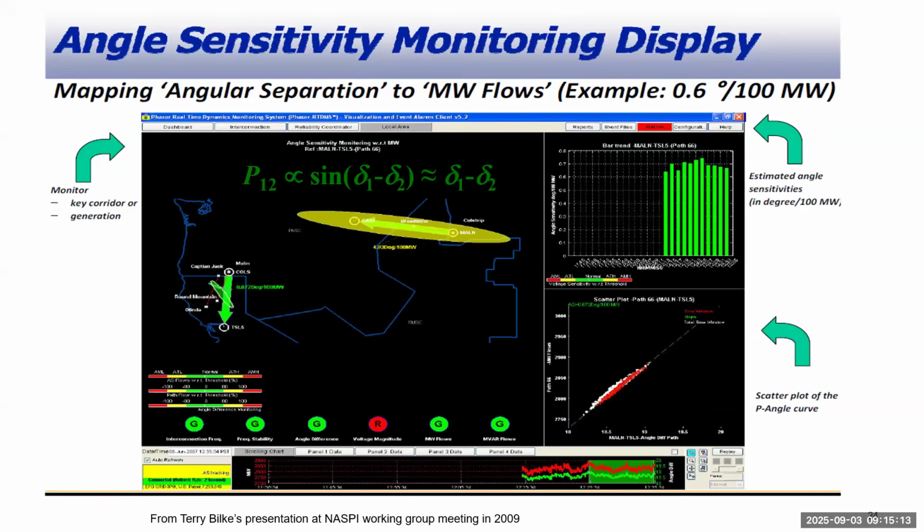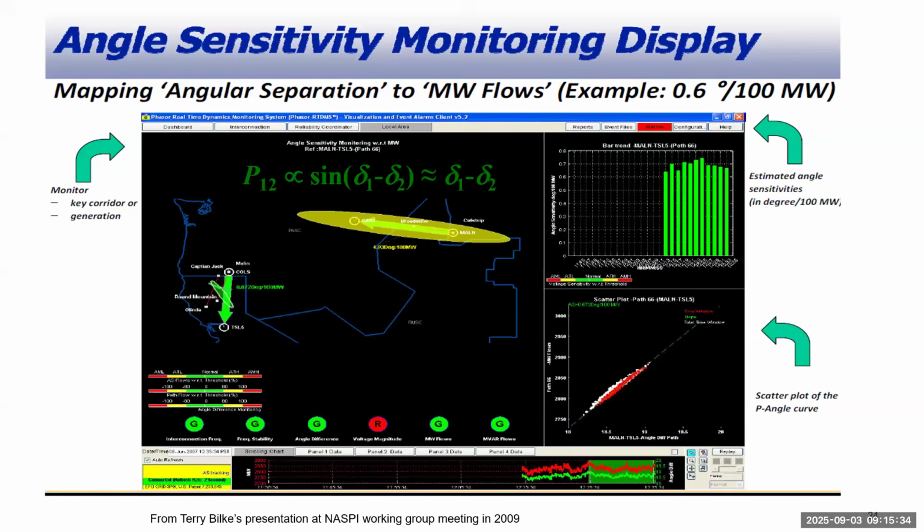And for this specific system, if you can recognize the background, it is the western connection, the western side of the US. So here is California, and this is Oregon, and they monitor the power exchange between an Oregon substation and a California substation.